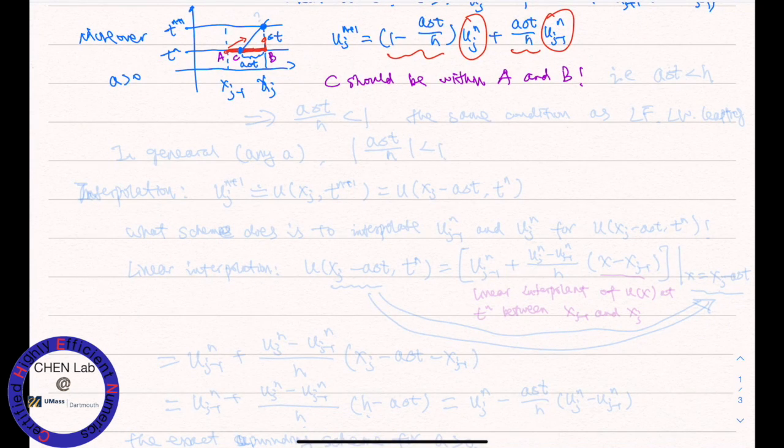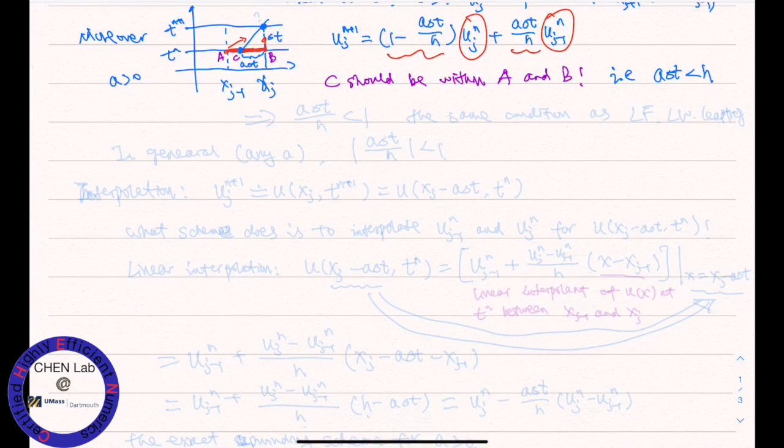Otherwise, it's not physical. So we are determining Uj^(n+1) by a linear combination of A and B. Of course, it's just an intuitive derivation. This condition means that our A delta t should be less than h.